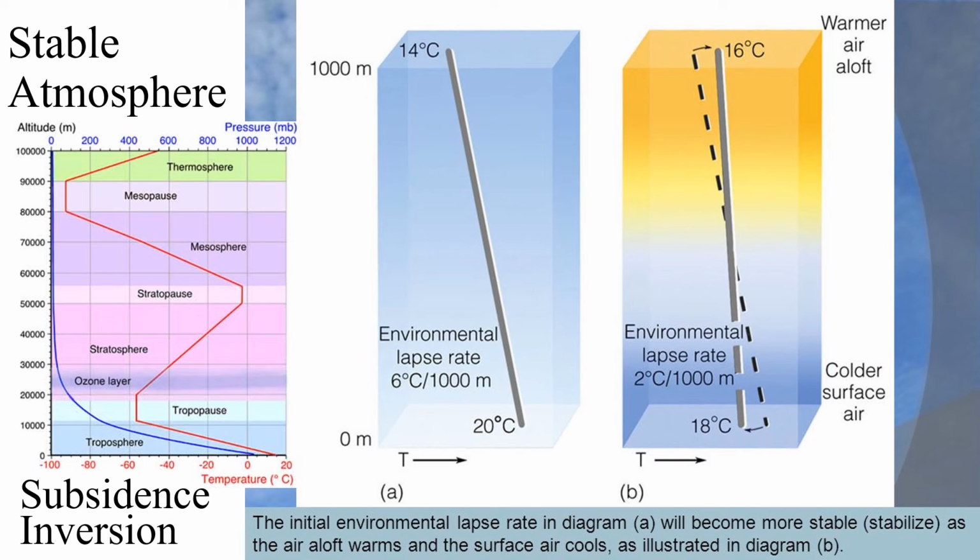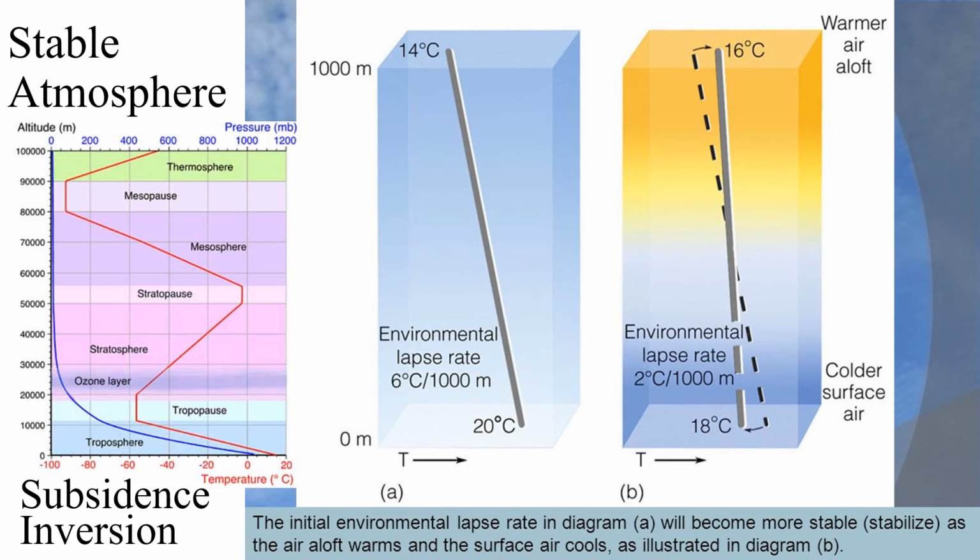They sometimes occur at the surface, but more frequently these subsidence inversions are observed at higher altitudes and are often associated with large high pressure systems, because of the sinking air motion associated with these kinds of high pressure systems. An inversion represents an atmosphere that is absolutely stable.